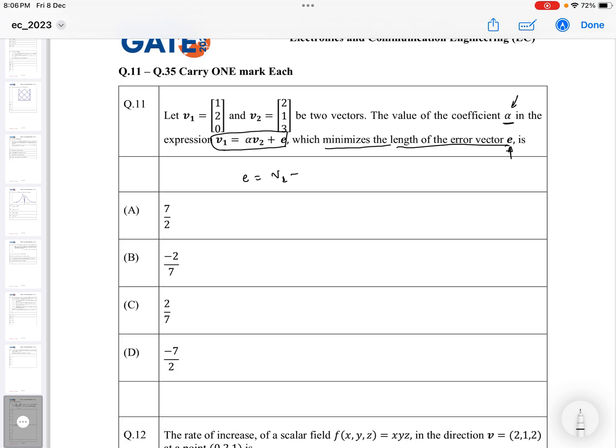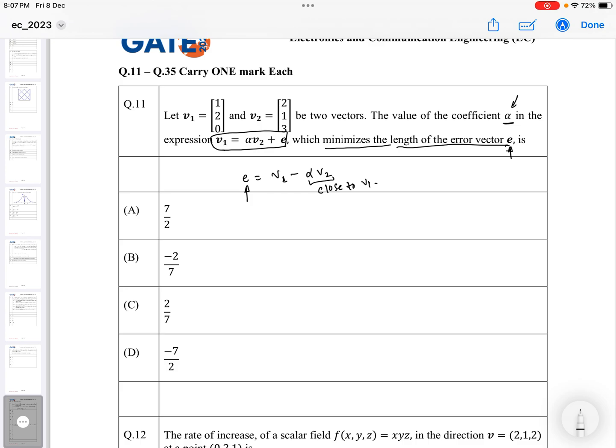If you look at this expression, we can say that e will be v1 minus alpha times v2, right? And e will be minimum when this vector is close to v1. If it is v1, then e will be 0. So this problem has been derived from the concept of projection, right?